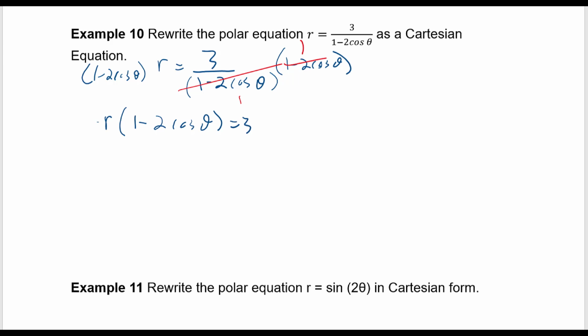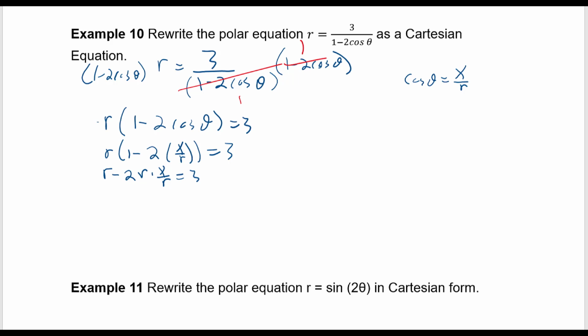Now, recall that cosine theta is defined as x over r. So I can replace the cosine theta with x over r. So this becomes r times 1 minus 2 times x over r equals 3. And I'm going to distribute through, so r minus 2 times r times x over r equals 3.